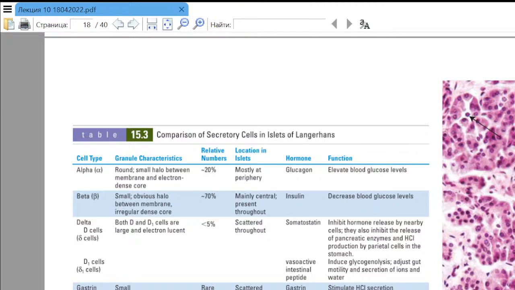Insulin decreases blood glucose levels, glucagon elevates blood glucose levels. These cells are located in the islets.